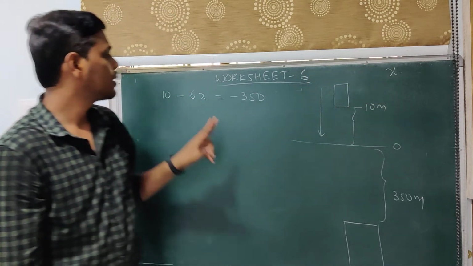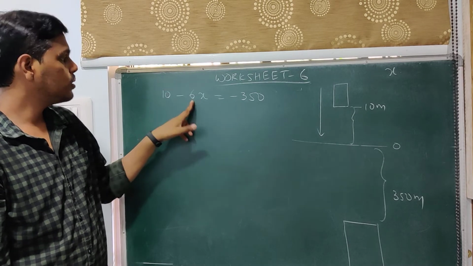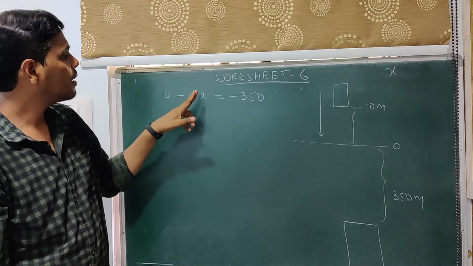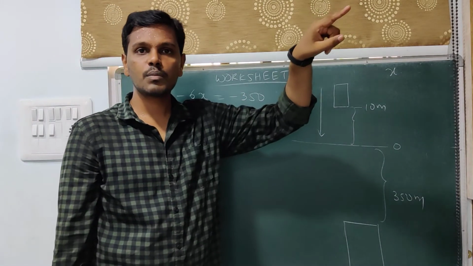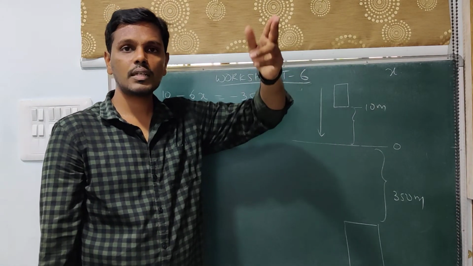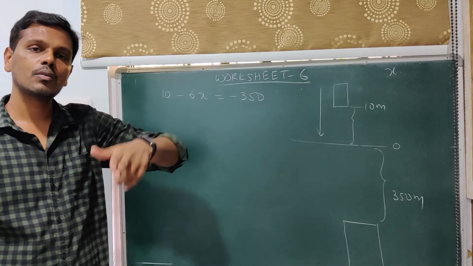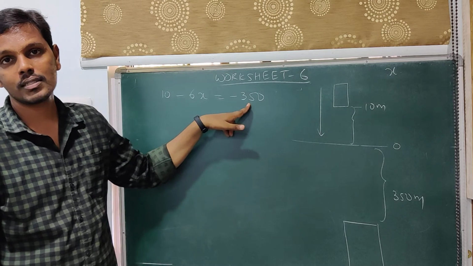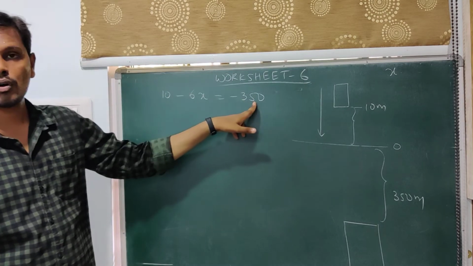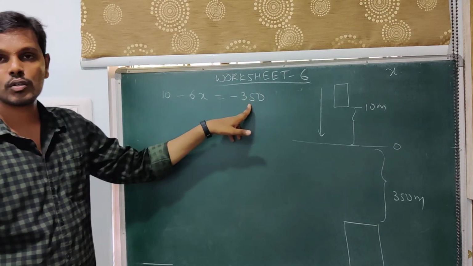In x minutes 6x gets reduced, and the resultant is minus 350, because I have assumed that after x minutes it reaches minus 350. So I have gone with 10 minus 6x is equal to minus 350.